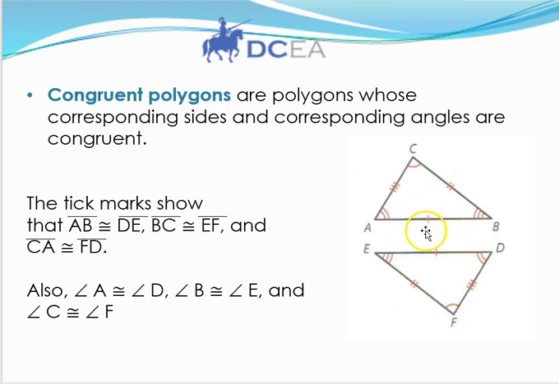You can see that each side has a tick mark, or 2 tick marks, or 3 tick marks to identify the congruency. Also, the angles will do the same thing.